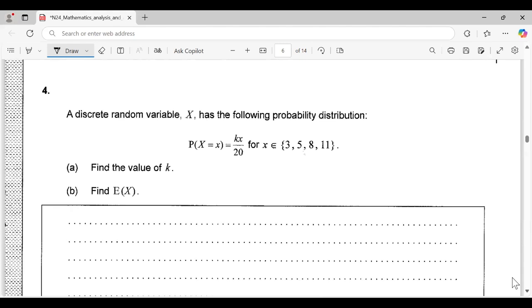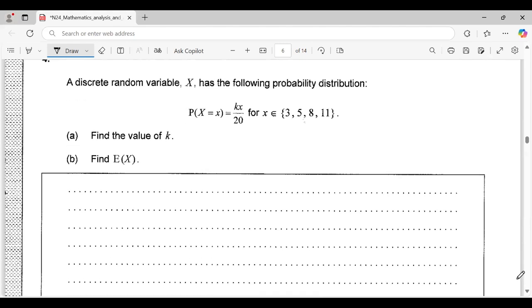The given probabilities for X are: if X equals 3, according to this equation, it is 3k over 20.